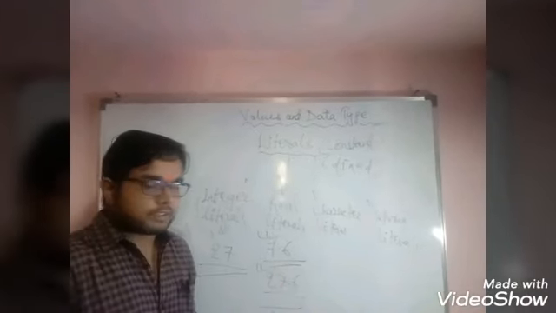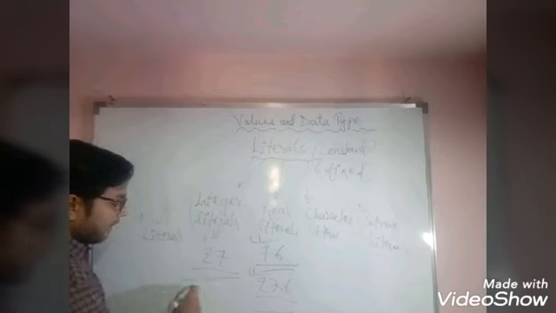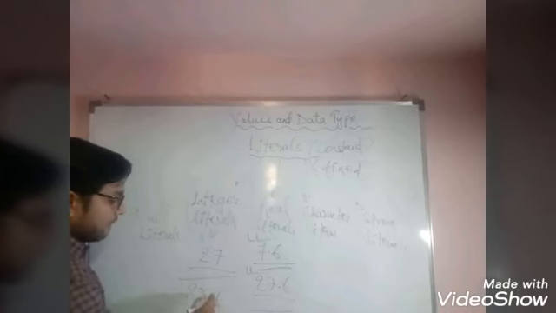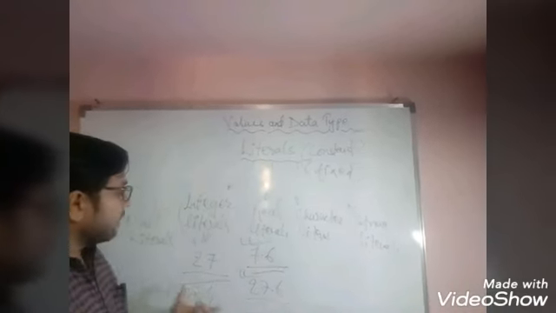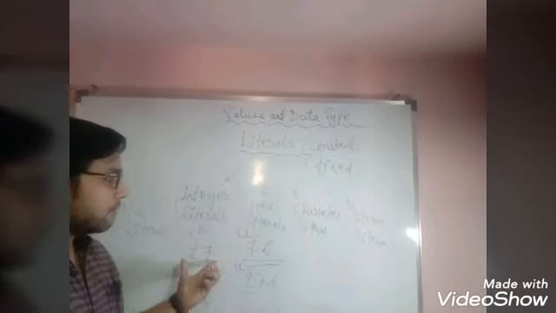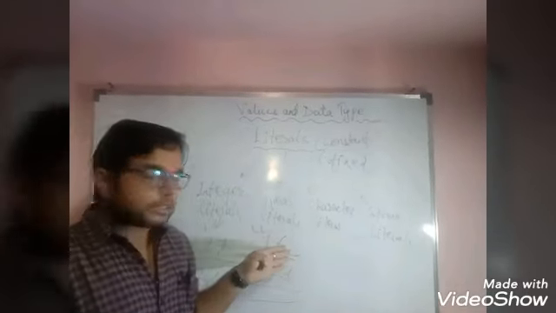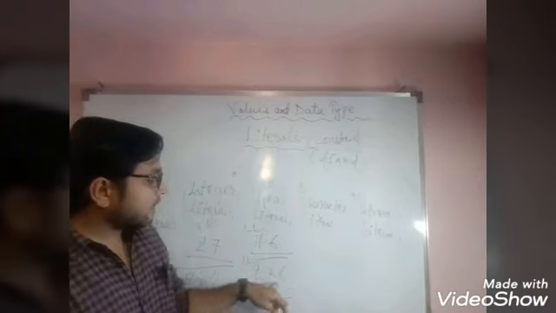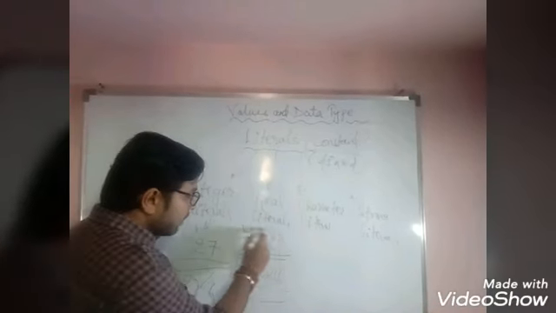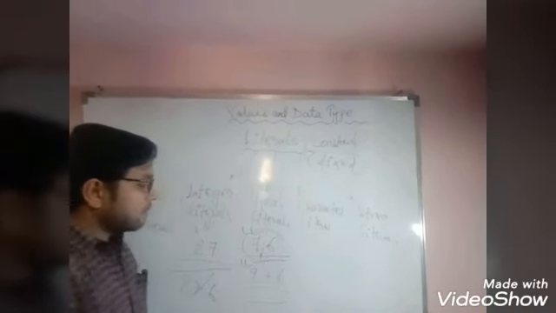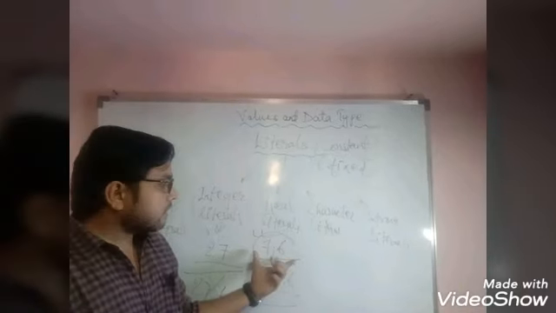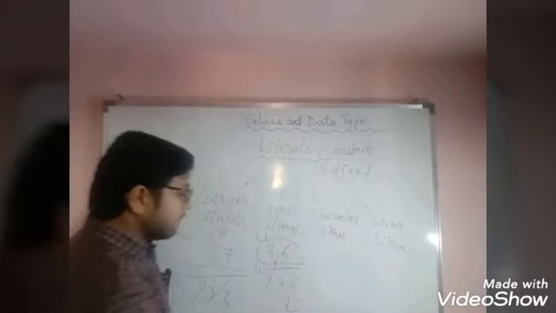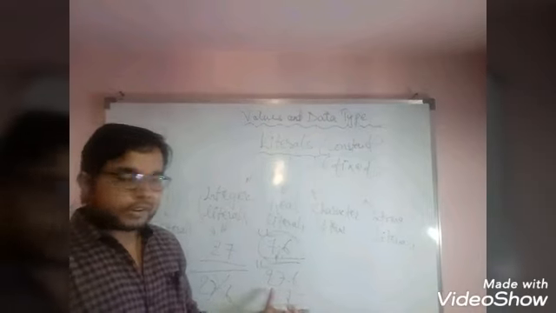This is a real literal. But writing 27.6 as an integer would be wrong, because integer numbers are numbers without a decimal point. When we come to real literals, a number with a decimal point is called a real literal. This number has one decimal point, so this is called a real literal.